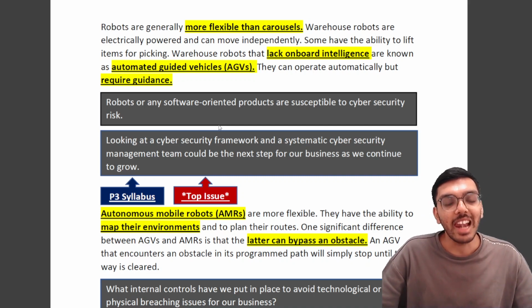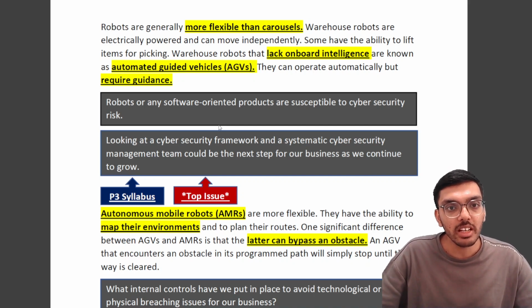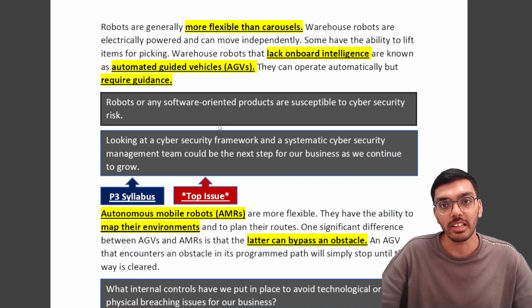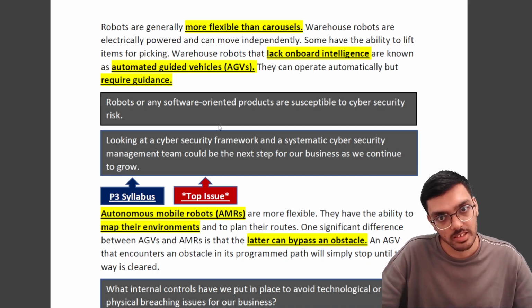Warehouse robots that lack onboard intelligence are known as automated guided vehicles. They can operate automatically but require guidance. So if you are using a robot in a warehouse and it does not have its own intelligence, it's called an automated guided vehicle. It needs guidance even though it's automated.